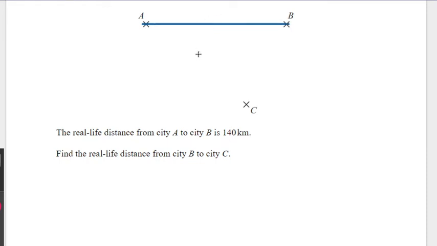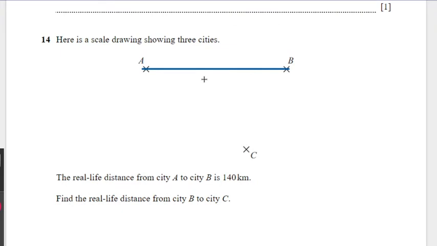In this case it is not accurate because I already zoomed in this paper. So this is equal to 140 kilometers. Whatever your measurement here, maybe you get X, right? And then you measure this one again, then you get Y, let's say.